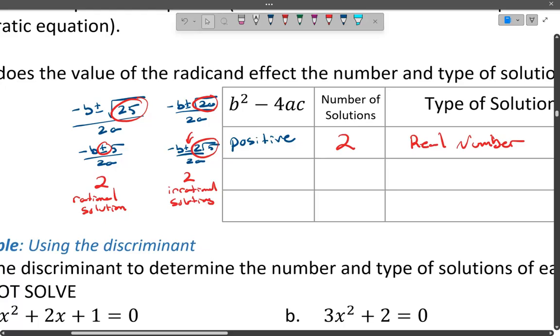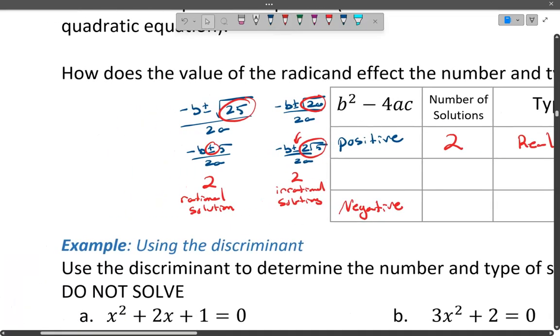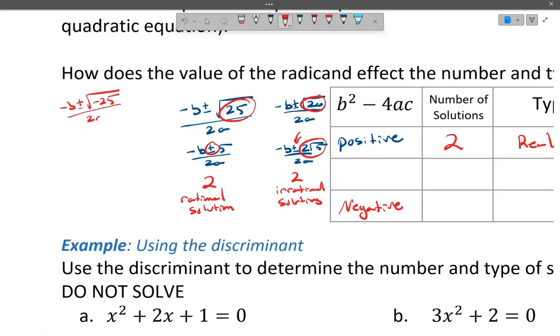Now, another way that we can think is, well, what if I have a negative? Well, we talked about that earlier. And so if I had negative b plus or minus the square root of negative 25 over 2a, if my radicand is negative, well, then that means I'm going to have non-real complex solutions.